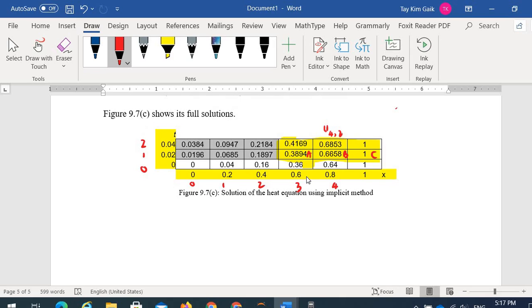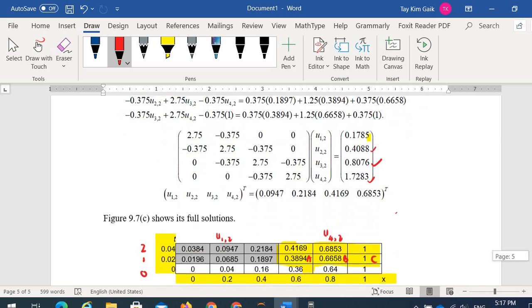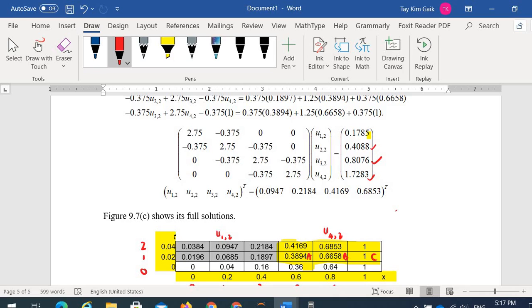First, when you target u_(1,2), you get the first equation, where this is A, this is B, this is C. When you target u_(2,2), A, B, C move. For u_(3,2), A is here, B is here, C is here. When you target u_(4,2), A, B, C.